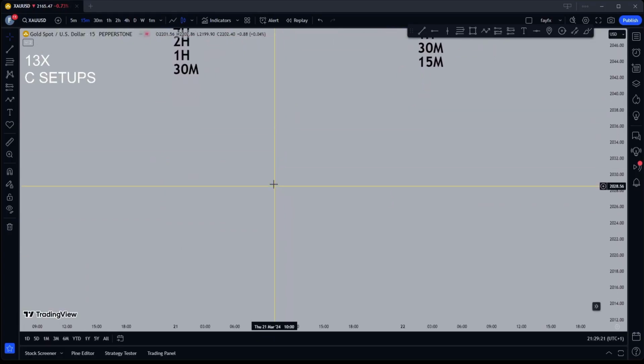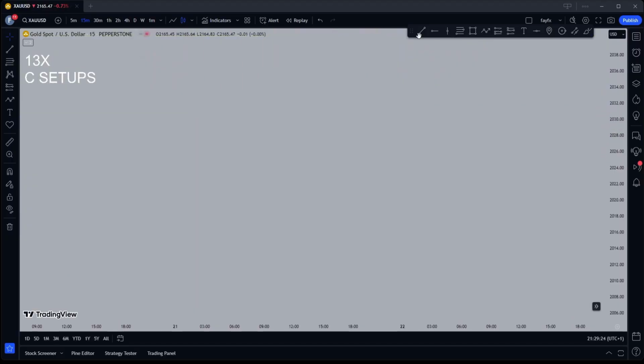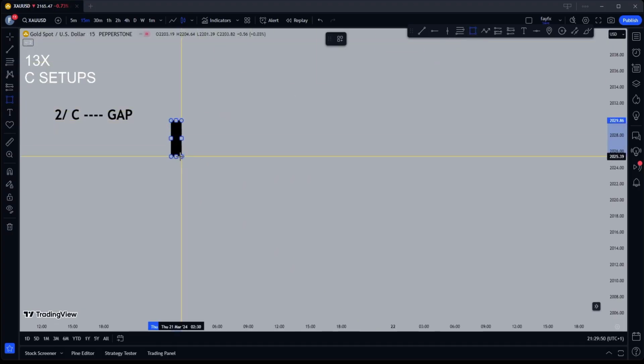Let's go to the second one. Second one is classic, classic level.